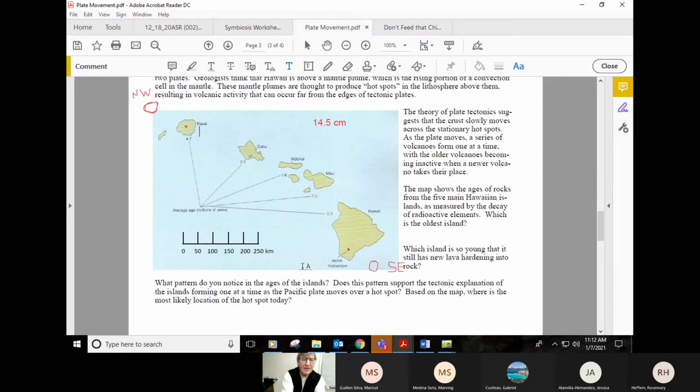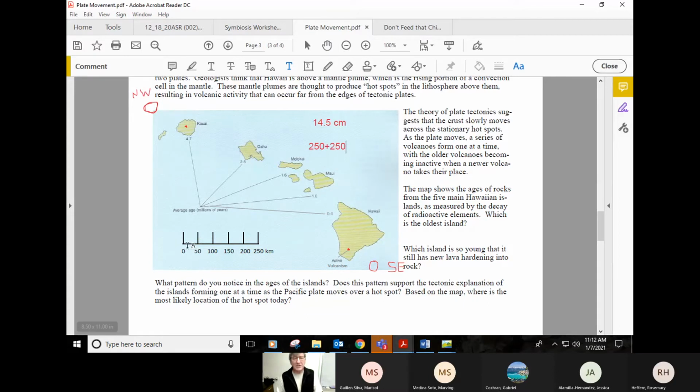Now, when I compare that to the scale of miles, I have to go, let's see, that scale of miles was 250, and that was the first 5.5 centimeters on my ruler. And then I do it again, I'm up to 11 centimeters.